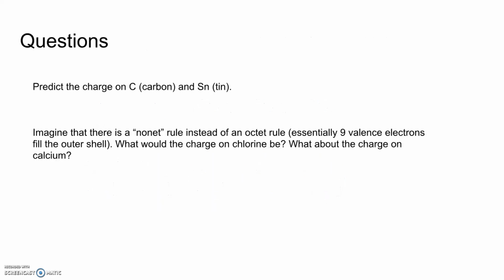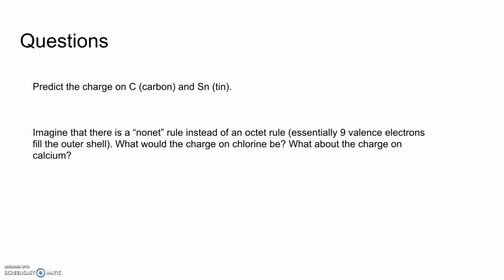Okay, so with that, I'm leaving you with 2 questions. I purposely didn't show you one where you would have to predict the charge on carbon and tin. But go ahead, try and predict the charge. It's a little tricky, but you might also notice where those rules seem to apply and where they didn't apply as well. The other thing to be aware of is, what if there was a non-et rule instead of an octet rule?